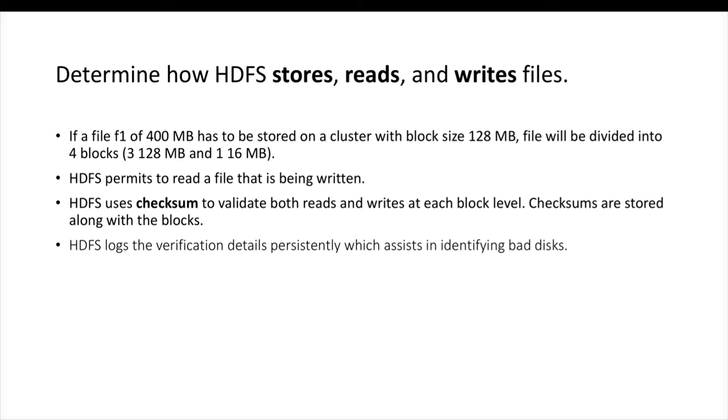Then the file will be divided into 4 blocks, because 400 divided by 128 is 3 point something, so it will always be rounded up. The leftover will be the last block. So the file will be divided into 4 blocks: 3 blocks of 128 MB, which is 384 MB, and the leftover 16 MB will go into the 4th block. So this is how the file will be divided.